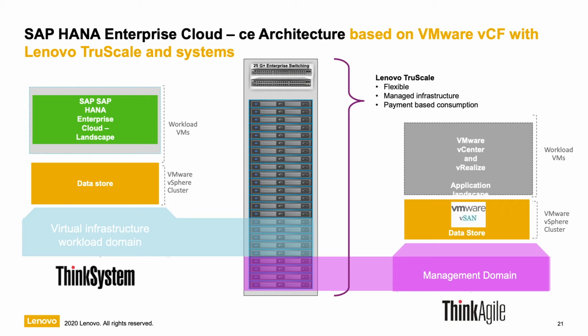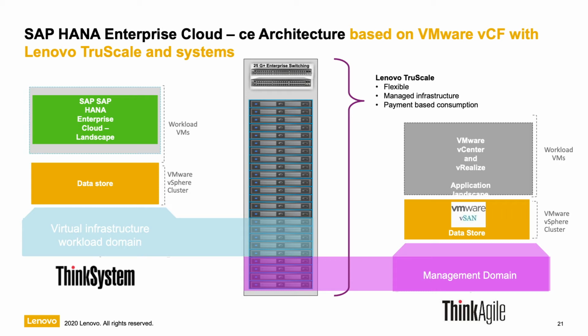These are bringing in the vSAN capability from VMware as the storage layer, and also based on the vSphere hypervisor, plus bringing in operational capabilities. Together, this is the VMware vCloud Foundation, or VCF for short, that you are well familiar with. That's what is driving the management domain in this solution.